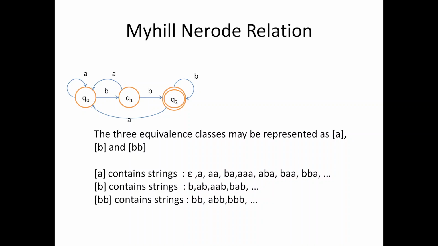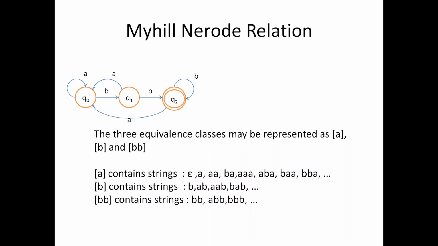In the case of Q2, if we read an input symbol A, we will go to Q0, because again we have to see two more B's which appear adjacent to each other to come to Q2. And in Q2, if we read another B, the last two symbols that we have read are B followed by B, so we will remain in state Q2.